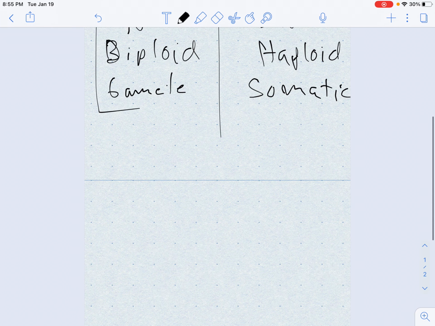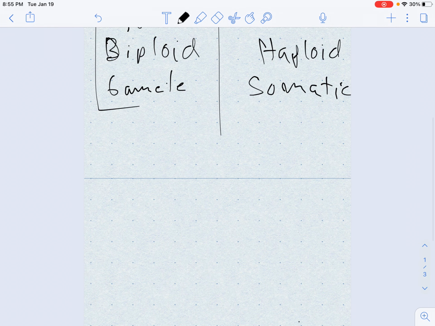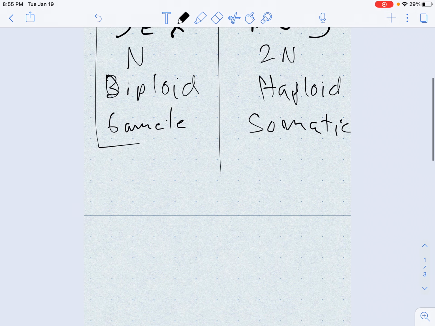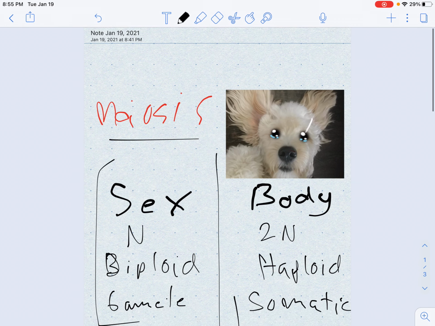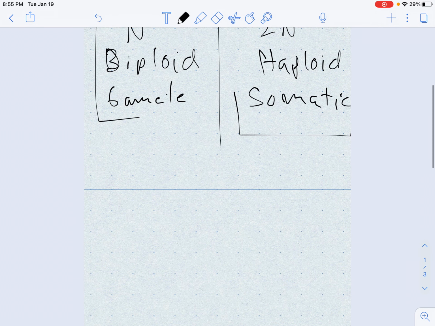Somatic cells are akin to skin cells, your liver, your eyeballs, pretty much any part of your body that's been duplicated normally with regular mitosis. However, we have the sex cells, which is what we're going to be talking about today, and what meiosis is all about.